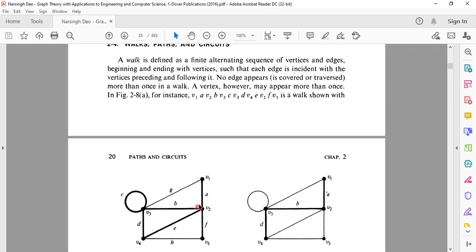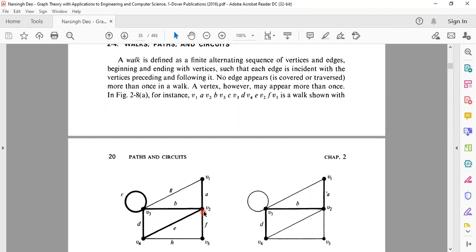I have come to V3 by tracing B only once. Then again I give a circular motion and come back to V3 by tracing the edge C once, and then D once. I come by tracing D once, I come to V4, and then I move back to V2.